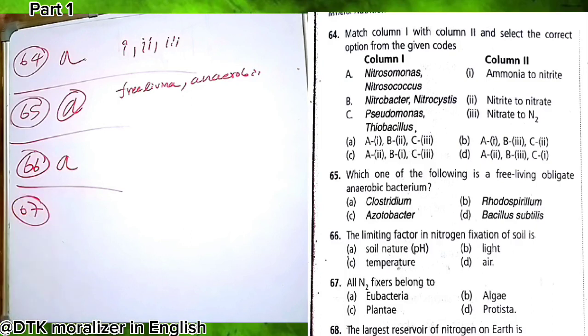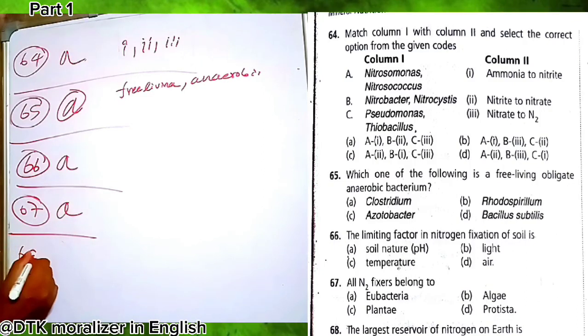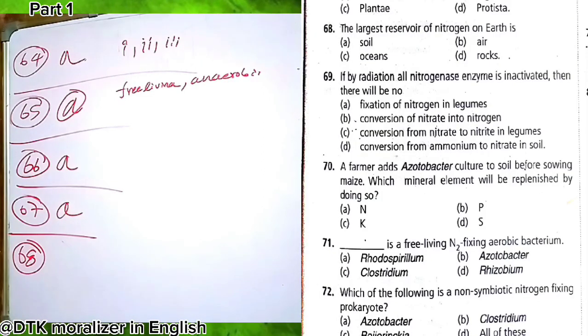Now question number 67. All N2 fixers belong to Eubacteria, algae, plantae and protist. So option A, Eubacteria. Now question number 68.